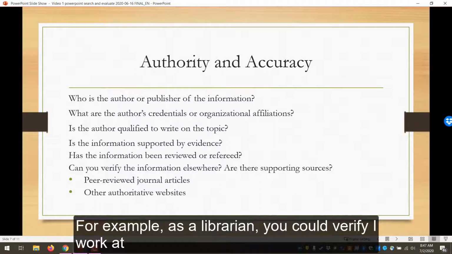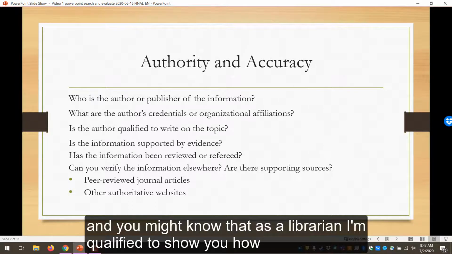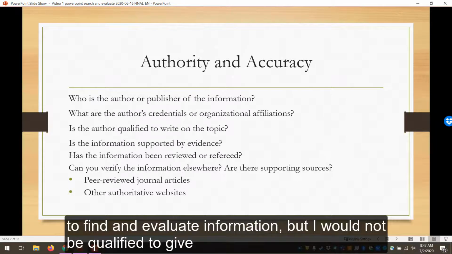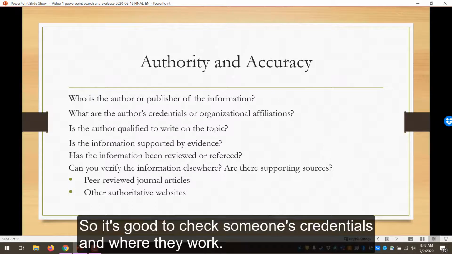For example, as a librarian, you could verify I work at ECU by checking the website and looking at my credentials, and you might know that as a librarian, I'm qualified to show you how to find and evaluate information, but I would not be qualified to give medical advice or write an article about a medical condition. So it's good to check someone's credentials and where they work.